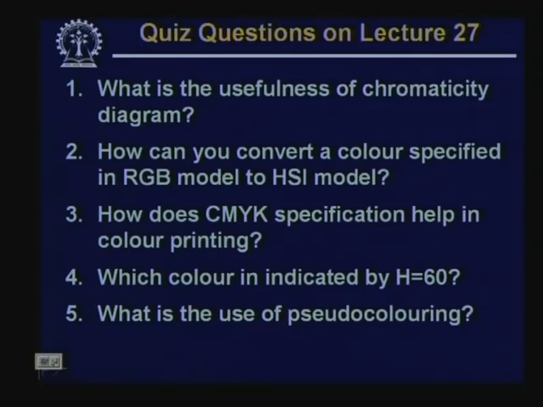Third question, how does CMYK specification help in color printing? The fourth question, which color is indicated by H equal to 60? That is, hue is equal to 60.